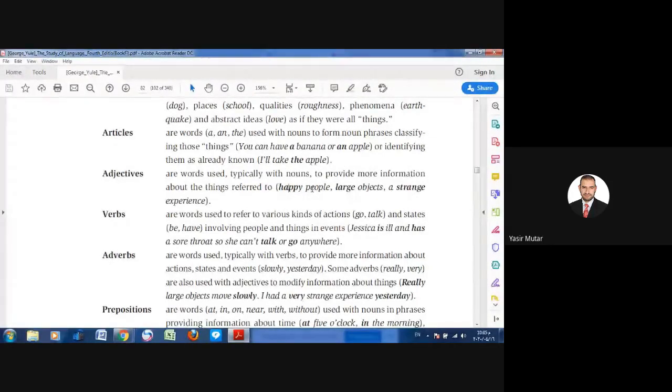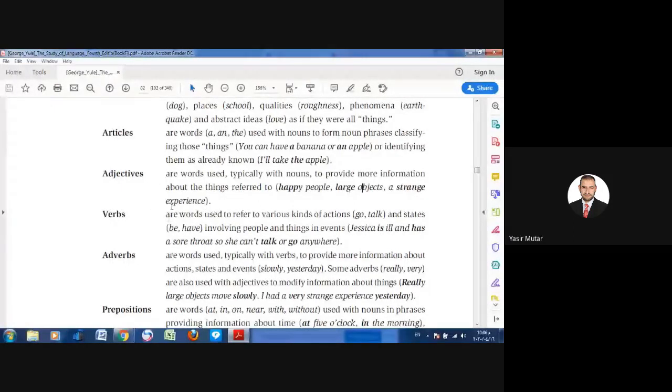They give a specific description for nouns. So objects is not definite, but if I add large objects, I give more description to the word objects.